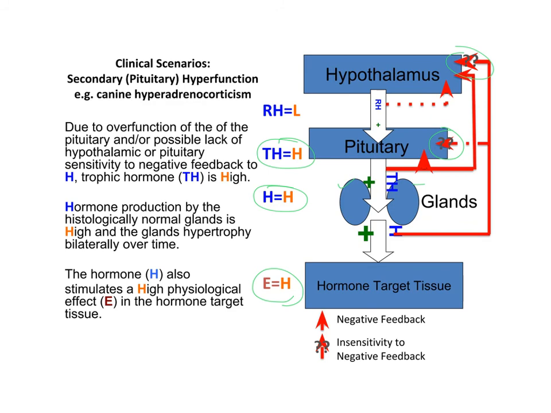Now, a very common example of this is canine hyperadrenocorticism, where it is believed there may be some altered sensitivity of the pituitary and/or hypothalamus to the negative feedback, leading to bilateral hyperplasia. In this scenario, we test by administering exogenous glucocorticoid to see if, in fact, you can or cannot suppress the endogenous cortisol level.